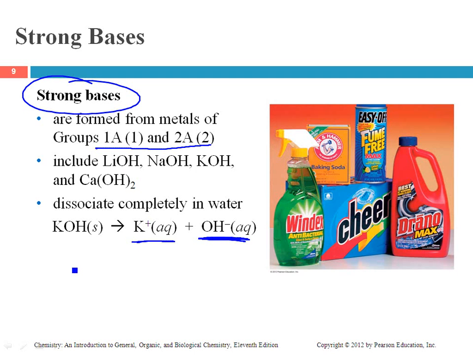So these are strong bases. So your group 1 and group 2 metals formed with hydroxide are strong bases. If the metal's in group 1 or group 2, you consider this to be a strong base. And these are examples of strong bases that are in a lot of our cleaning materials that we have at home.